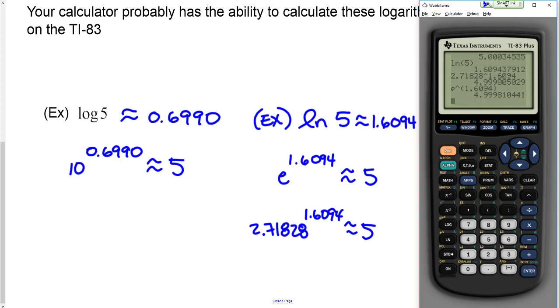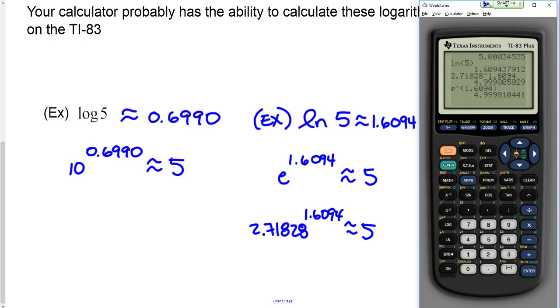The answer is slightly different past 4 decimal places, 5 decimal places, just because we rounded e, and it's taking e to as many decimal places as the calculator can hold. But it can do that.